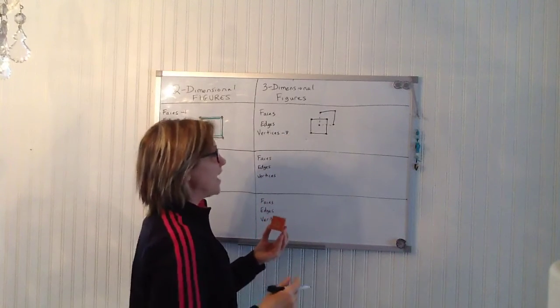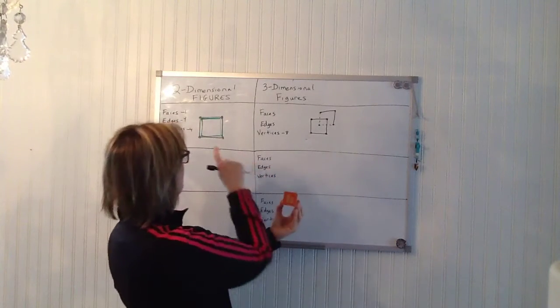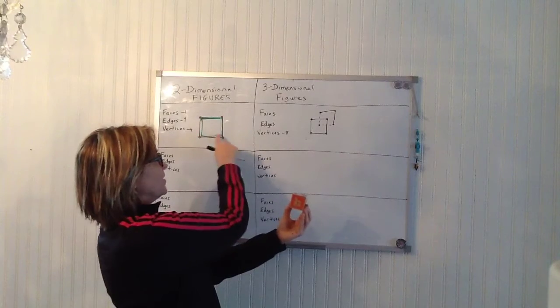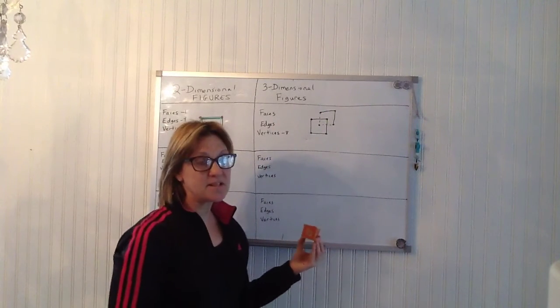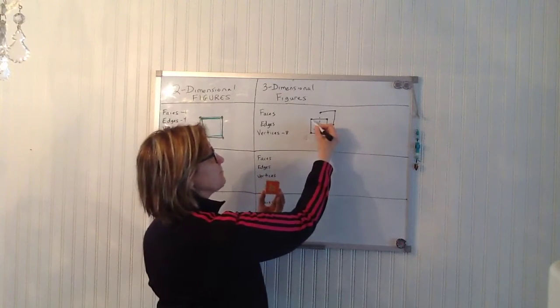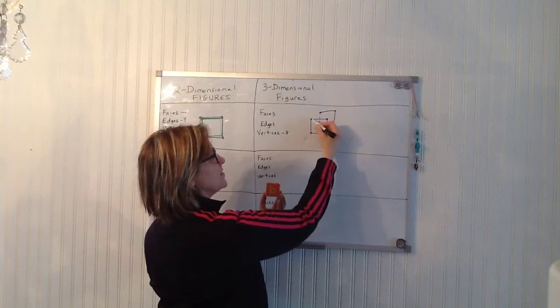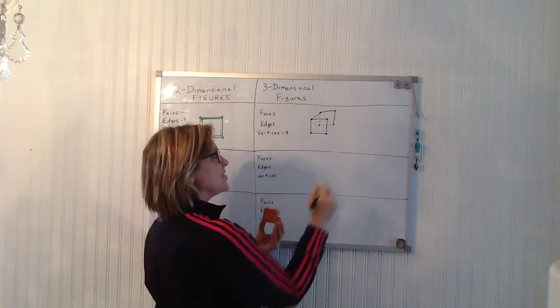Now I'm going to connect the back to the front with some edges. So remember on this one we have 4 edges. Well, since we have 2 exact squares, right now we have 8 edges. Watch how I connect this front to the back top. There's another edge, so that's my 9th edge.